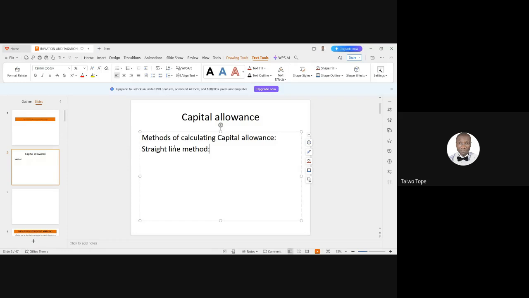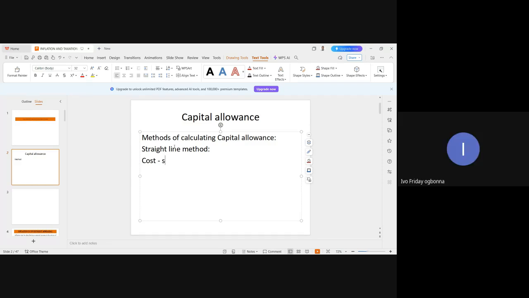Some of the digit methods, the reducing balance method, straight line method, revaluation, and the rest. So in the straight line method, our formula is what? To calculate depreciation or capital allowance using the straight line method, the formula is your cost minus what?